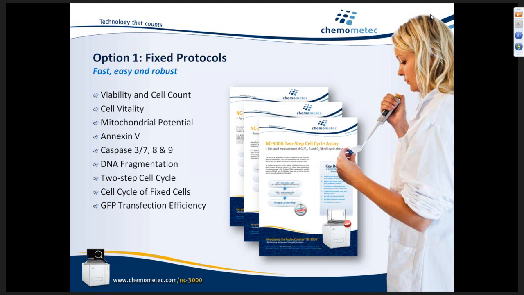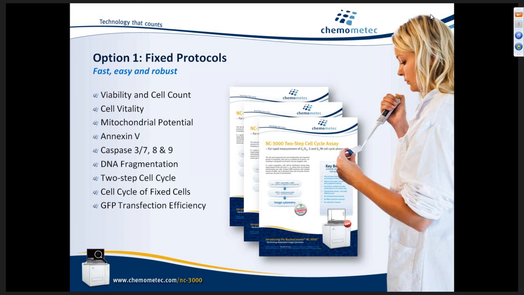And then on top of that, there is the mitochondrial potential assay, annexin V, caspase 3/7 or caspase 8 or caspase 9 assays, and DNA fragmentation assays. All these assays are for apoptosis measurement. And then the two-step and fixed cell cycle protocols, especially the two-step cell cycle, is a fast, robust cell cycle assay where you can get the cell cycle profiles of your cells in 5 to 10 minutes. And finally, there is a GFP transfection efficiency assay.